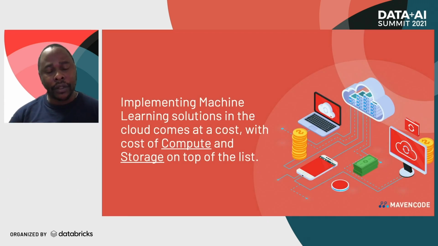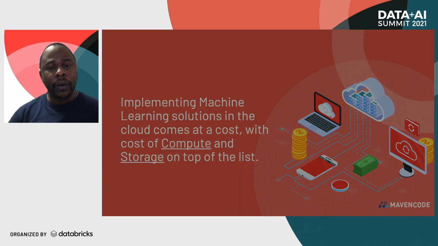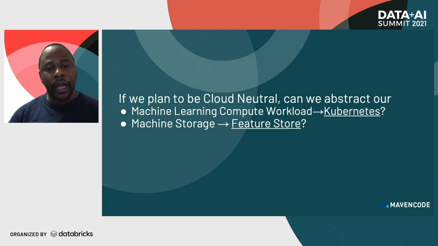The major things that we saw around ML training is you have the compute, which is where you do your training, and the storage. Most of the time, implementing machine learning becomes a little bit expensive because of the cost of compute and the cost of storage. So our goal was to see how we can simplify this, especially if you have multiple cloud environments.